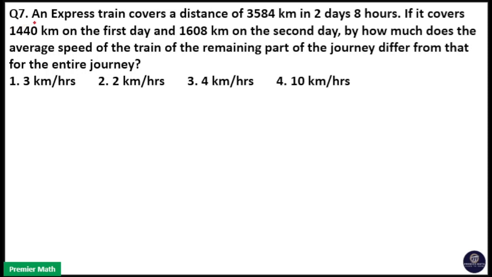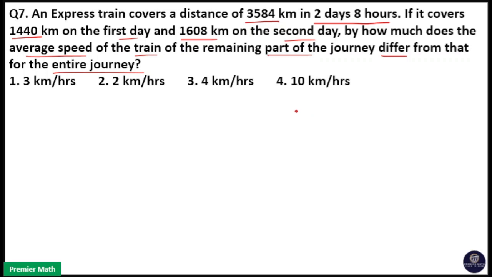Next is question number 7. An express train covers a distance of 3,584 km in 2 days and 8 hours. If it covers 1,440 km on the first day and 1,608 km on the second day, by how much does the average speed of the train for the remaining part of the journey differ from that for the entire journey?